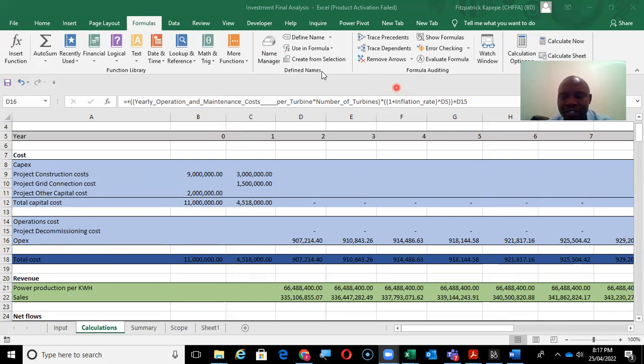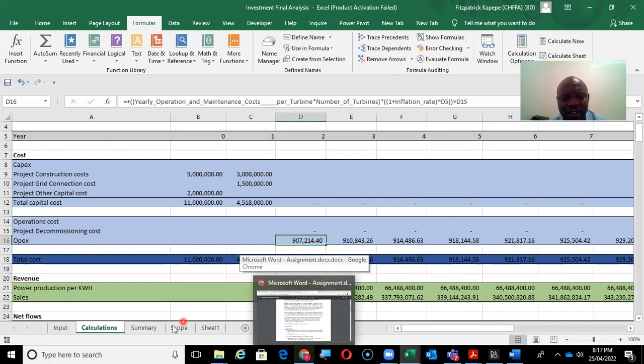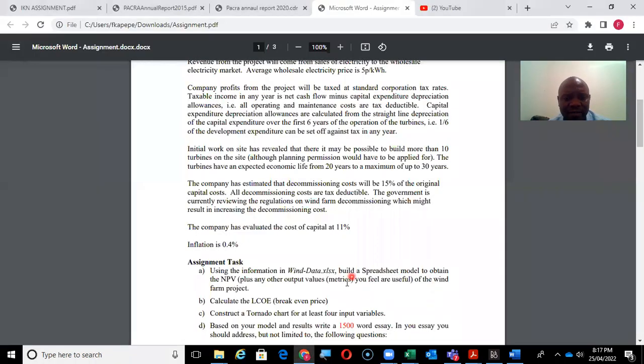Some few things that I'll need you to confirm. In the first year of your operation, I don't think you need to escalate inflation, because if I check your scenario, it says inflation is at 0.4.